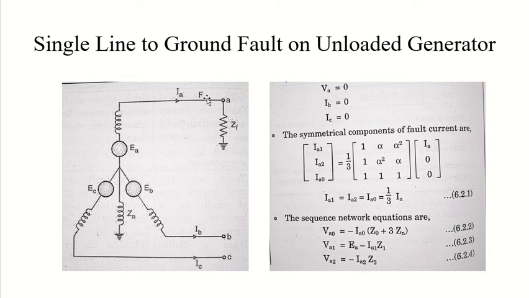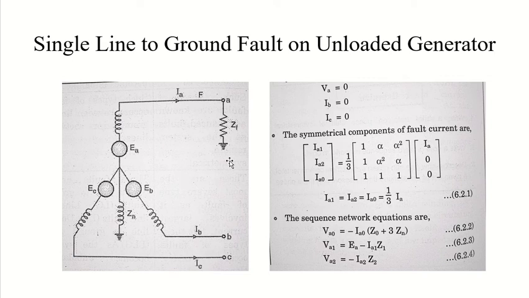Let's try to find what the current and voltage will be when such a fault occurs in my whole system. The voltage of this phase, VA, will be 0 whenever a line to ground fault occurs, which means my line is basically grounded, right? And as my system was already grounded and the line is also grounded, there is trouble.